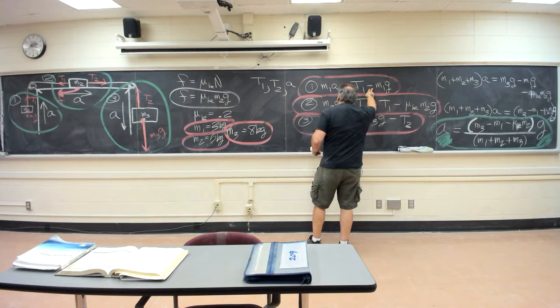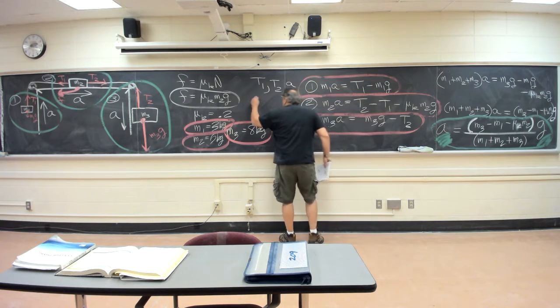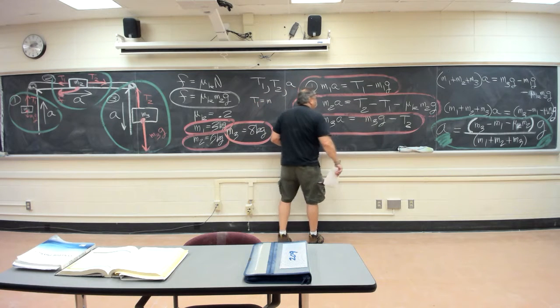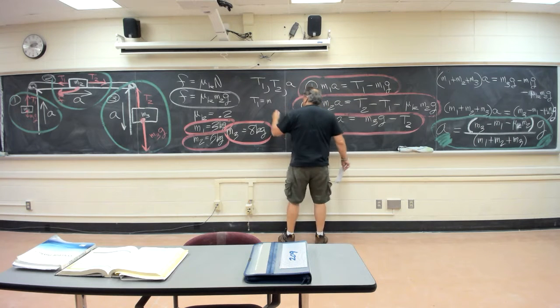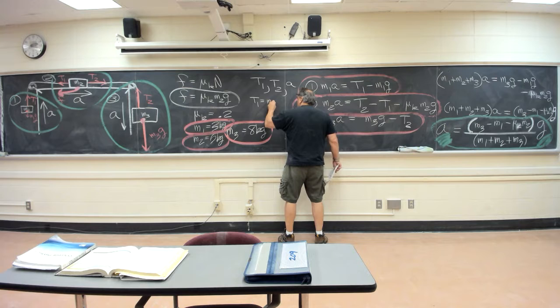You add M1G on each side, and you get T1 equals M1G plus M1A, so you can write it like that for shorthand.